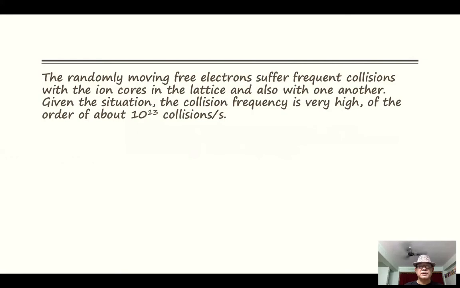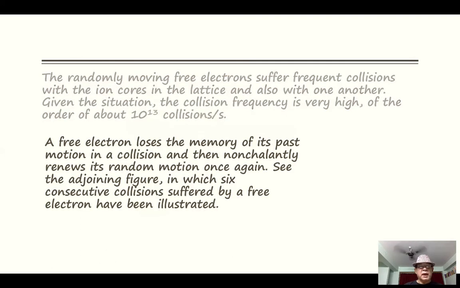Given the situation, the collision frequency is very high, of the order of about 10 to the power 13 collisions per second. A free electron loses the memory of its past motion in a collision and then nonchalantly renews its random motion once again. See the adjoining figure, in which 6 consecutive collisions suffered by a free electron have been illustrated.